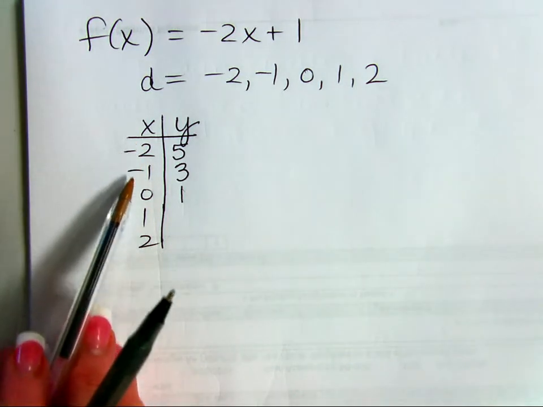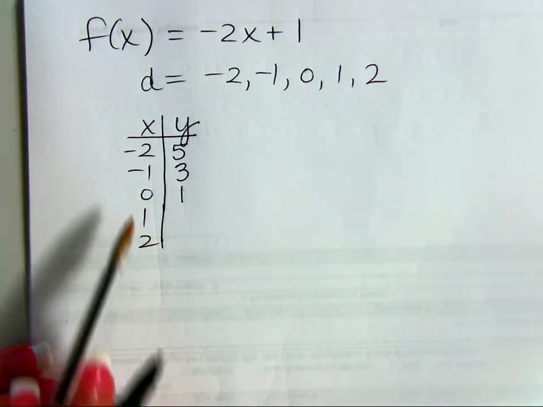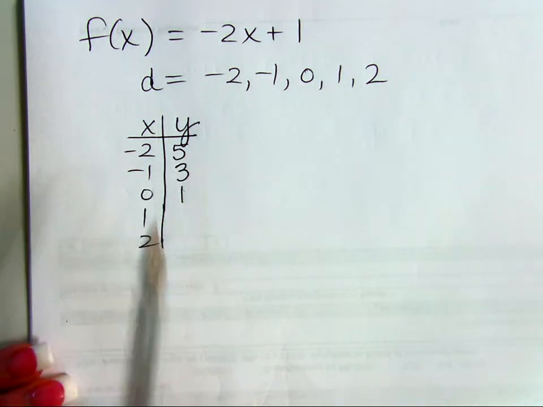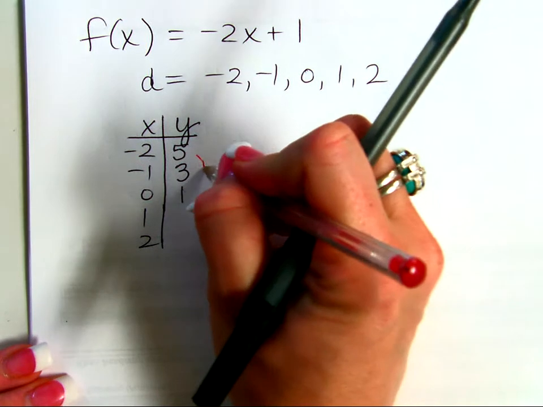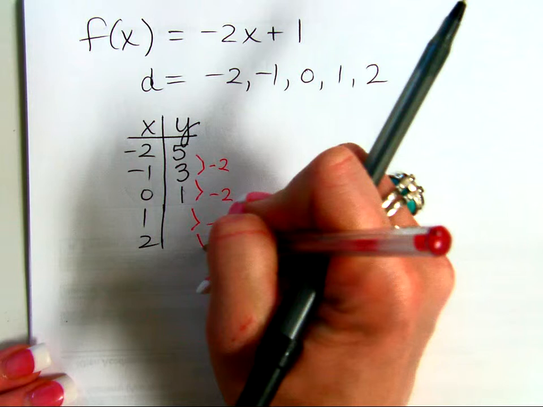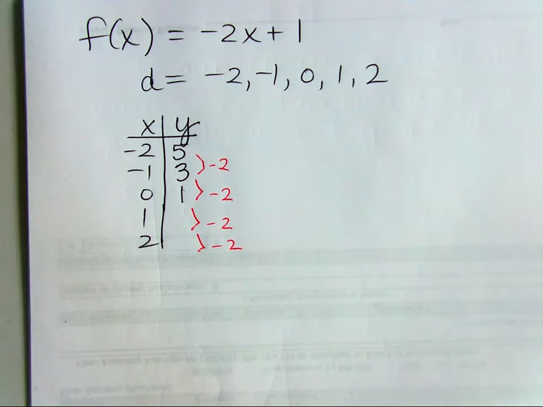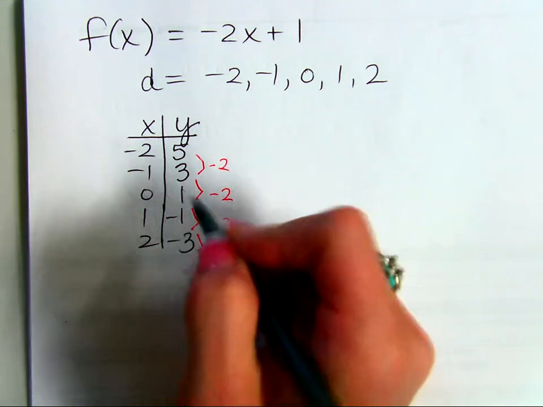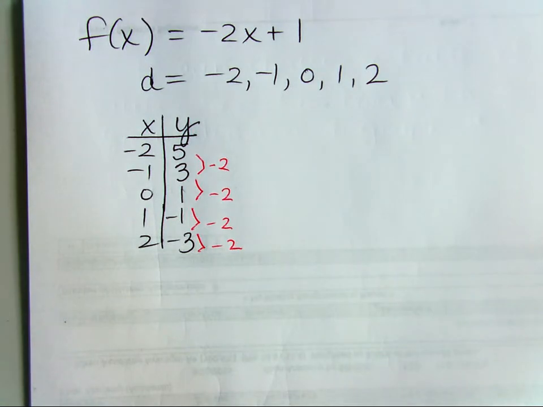As long as these are going up at their constant rate, like these are going up 1. For every 1 these go up, this goes down 2. So what technically would be next without me even having to do the substitutions? Negative 1, and then negative 3, right? Okay, so I shouldn't have to do that.